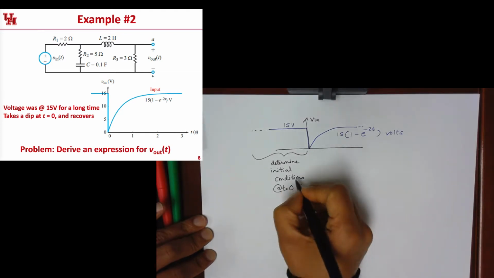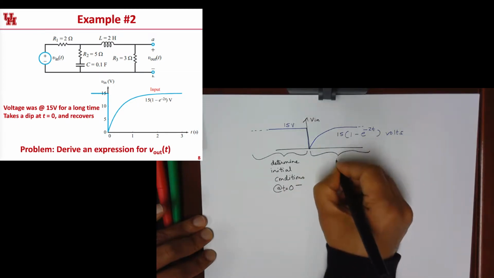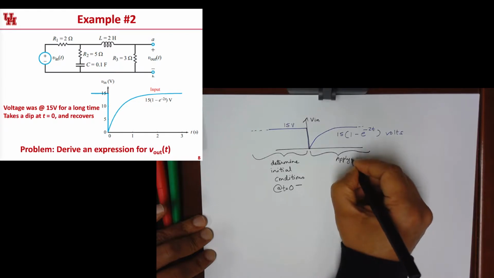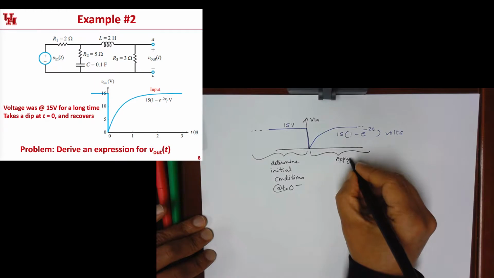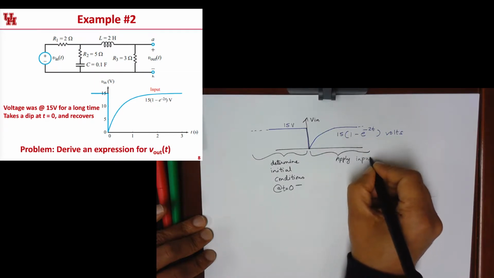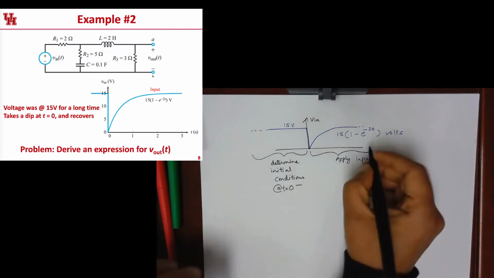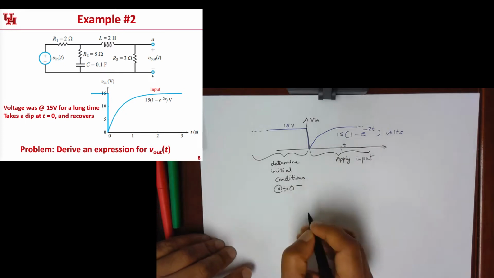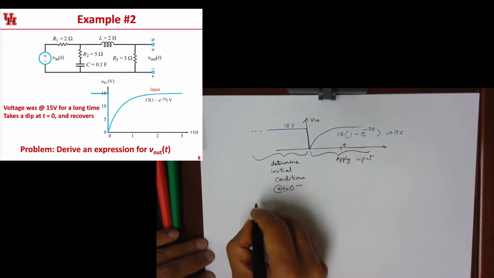Then we need to start with these initial conditions and apply the exponential part of the input, with the conditions starting at 0 minus, and that will give us the conditions of the circuit at any point t. So we need to work on this problem in two parts. Let's work on the first part.